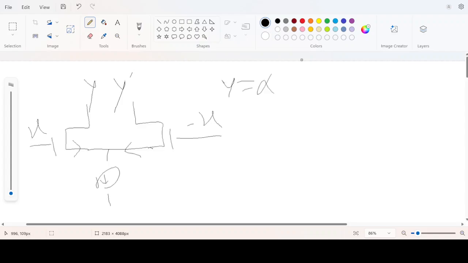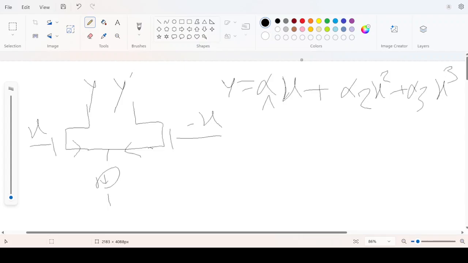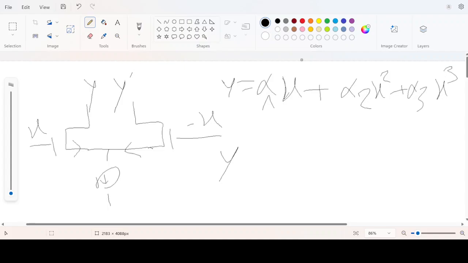So you can define it mathematically: alpha 1 x, sorry, this is not x1, plus alpha 2 x squared and alpha 3 x cubed. As a quiz for you, what do you think about alpha 3? Is it negative? Is it positive? I know you know the answer.